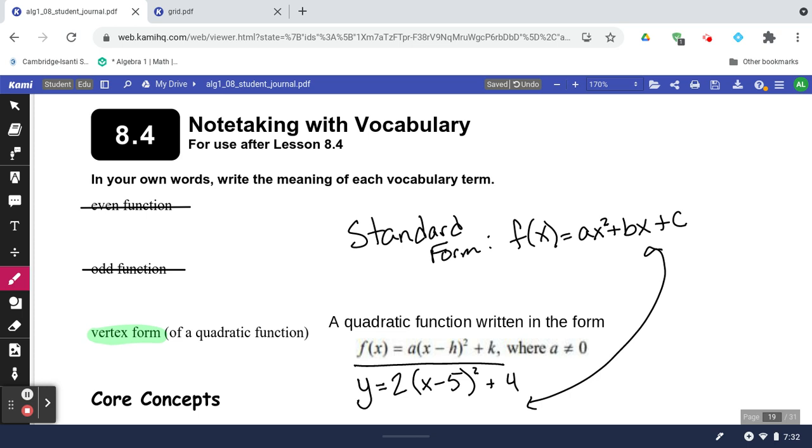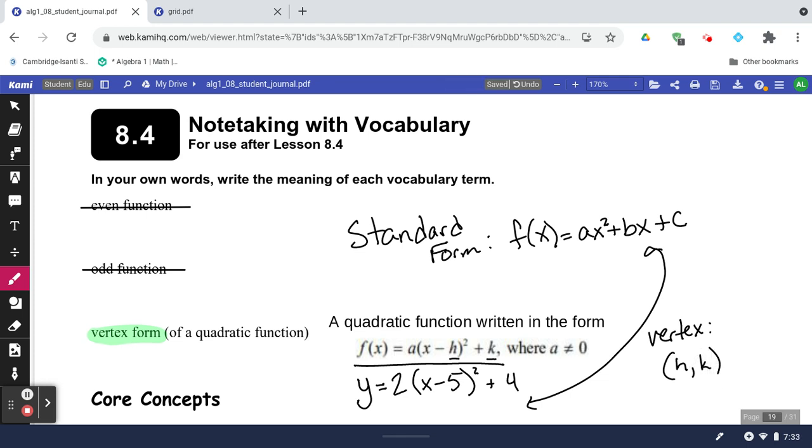When it's in vertex form, you can look right at your function and you can already just tell, oh, my vertex is going to be what we call h and k. Your vertex, and I'll write this down, is at h, k.